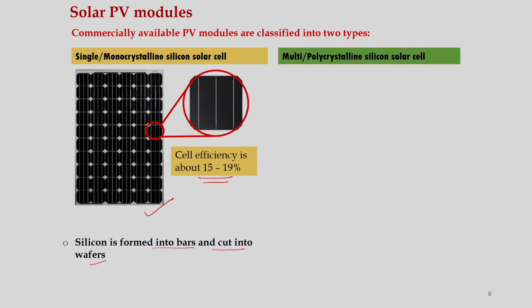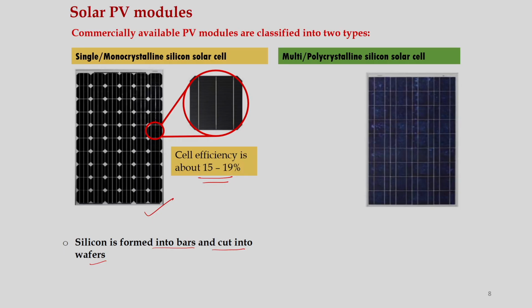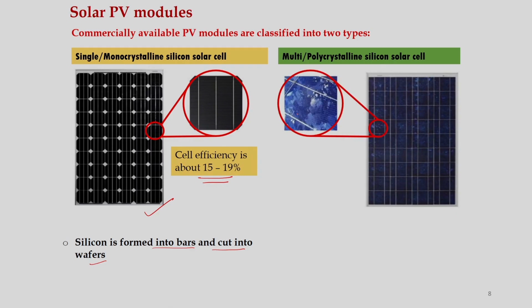In case of multi or polycrystalline silicon solar cells, the configuration is something like this, and we get this kind of picture because of these grains. There are many grains, and the conversion efficiency is about 12 to 15%. Mostly these multicrystalline solar cells are used in many solar power plants because of the cost.